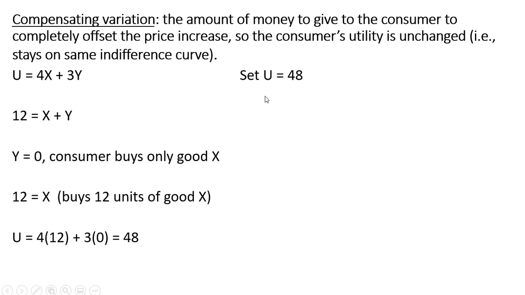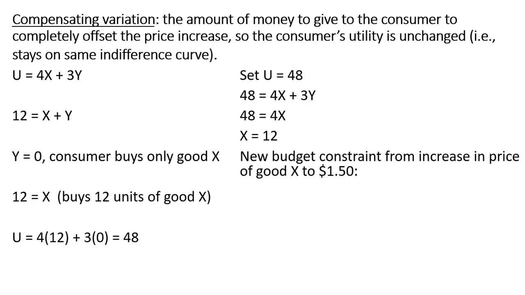So now we're going to set utility equal to 48. And again, Y is 0. The consumer is not spending any of his or her income on good Y. So 48 equals 4X. Solving for X, X equals 12. And now we're going to evaluate this at the new budget constraint. The new budget constraint takes into account that the price of good X is now $1.50.